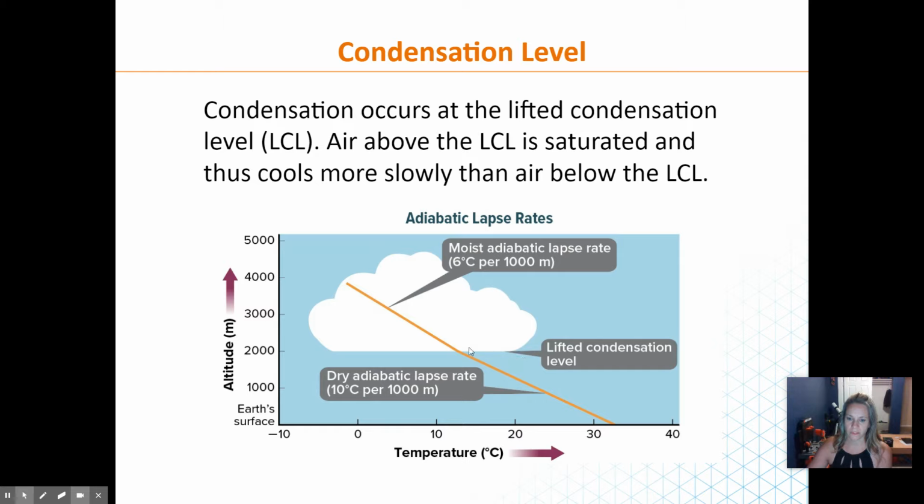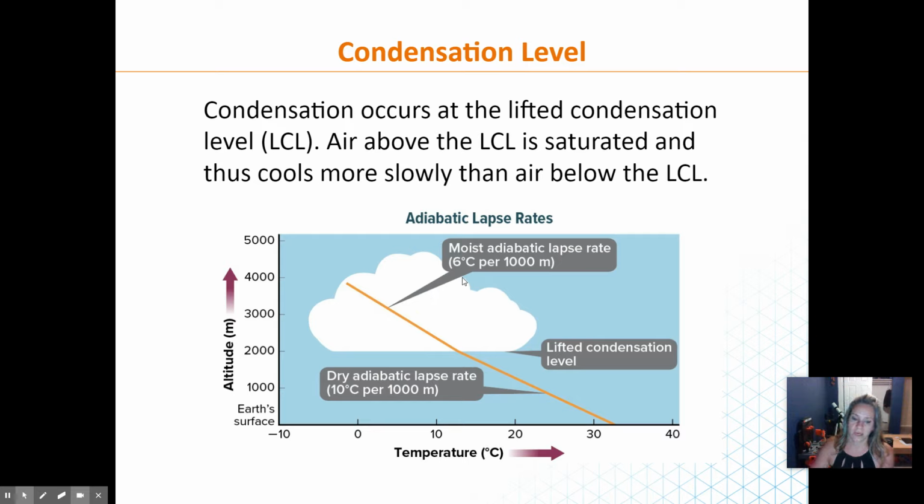So this is your condensation level, your dew point in a sense. So that is the bottom of a cloud. And if you guys have ever looked at clouds, the bottom of a cloud is always flat. That's because that is the adiabatic cooling level where it formed dew, so that would be 100% saturated. And then anything above it could be 100% saturated as well. So the cloud will start at this level and rise above.